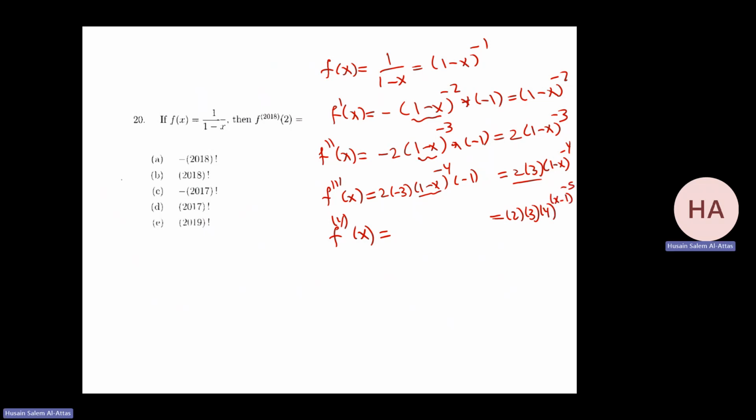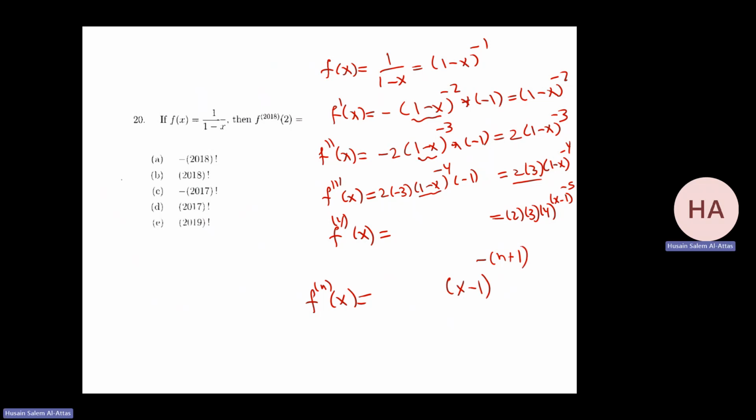minus 5. So what will be the n-th derivative? I don't need a sign. All of them are positive. So I have, for the fourth, minus 5, for the third, minus 4. So it will be minus n minus 1, or minus n plus 1.